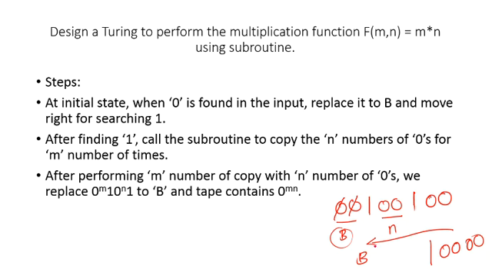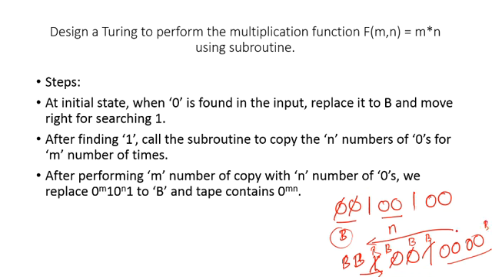Initially you will have B B 1 0 0. Now the tape head starts moving towards the blank symbol. When it sees the first one, it makes it blank, the second one it makes blank, the third one it makes blank, and the 1 it makes blank. After this, if you have any zeros, it will not change them, and finally your answer is obtained.